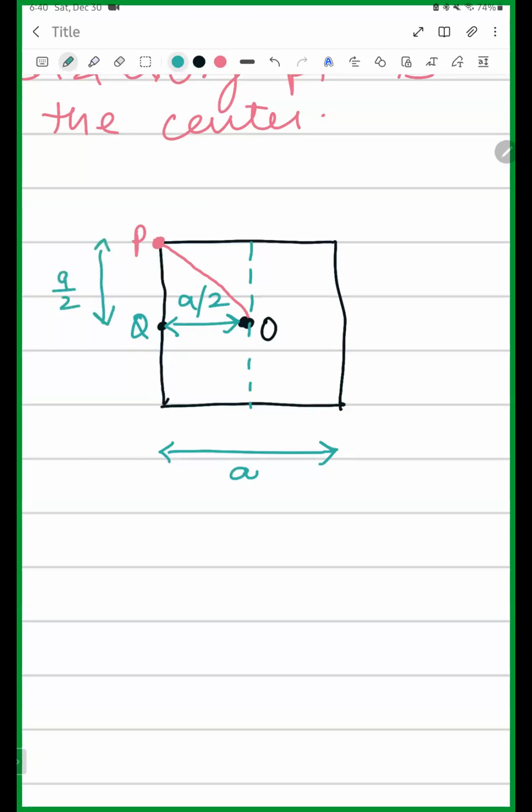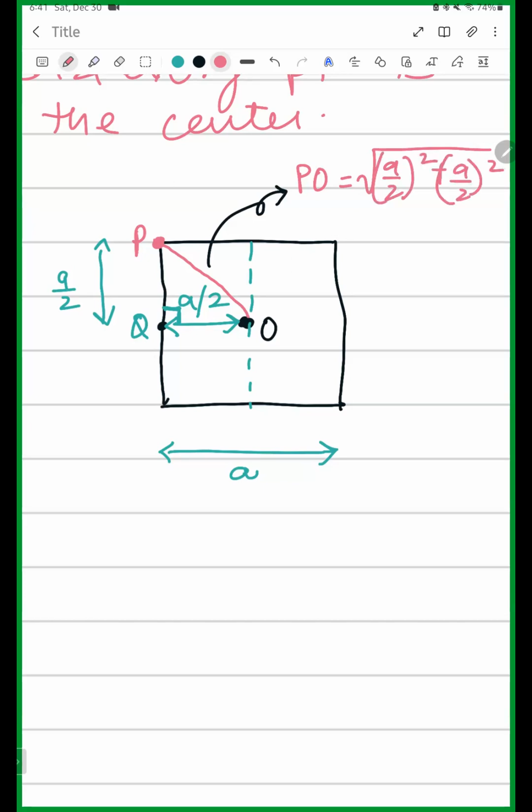Yeah. So you can see this is a right angled triangle. So if you want to find the distance OP, the distance PO, it's going to be under root a square by 4 plus a square by 4. How am I getting this? Pythagoras theorem, if you remember. A by 2 whole square plus a by 2 whole square, right?